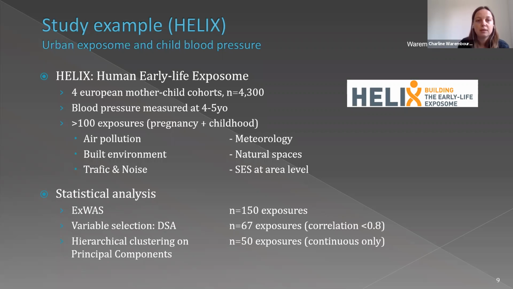So here, the example I'm giving is about data collected in 4 out of the 6 European mother-child cohorts enrolled in ELIX. And the aim of this study was to explore the association between multiple exposures to the human exposome during pregnancy and childhood, and its association with blood pressure measured at 4 to 5 years old.